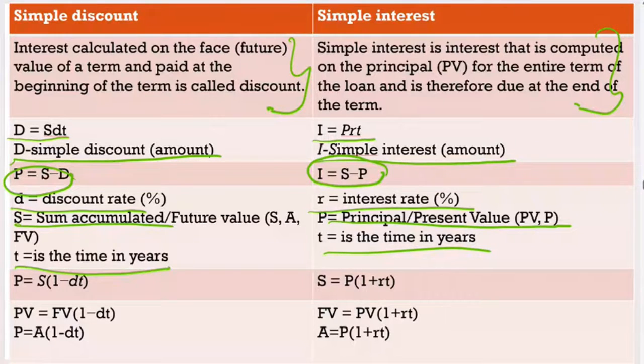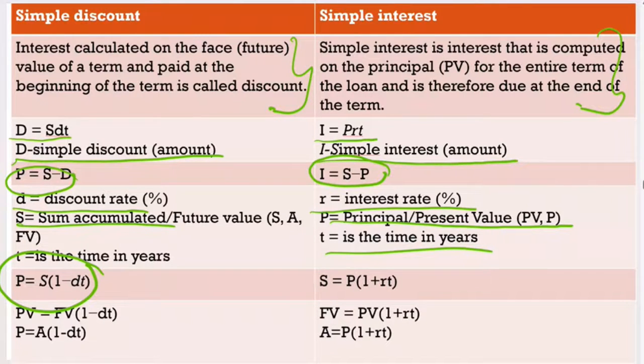So the formula for a simple discount is looking like this. If you compare it against the simple interest formula, this is how it's going to look. So it is important to see these two. So then when you have to calculate the equivalent interest rate, you know how they work.